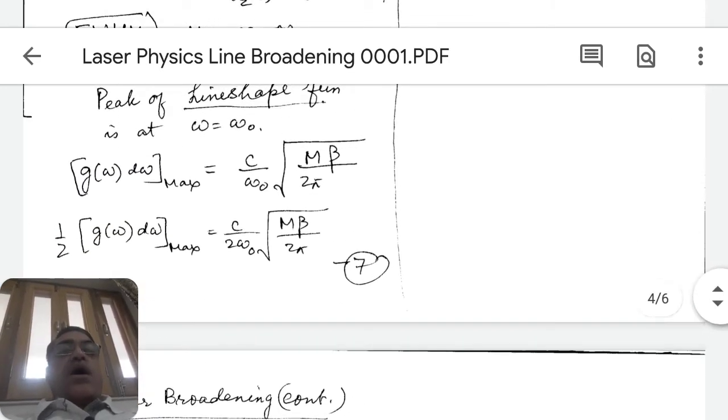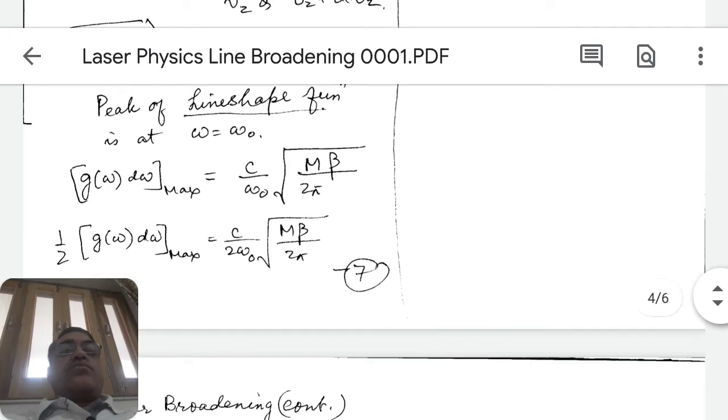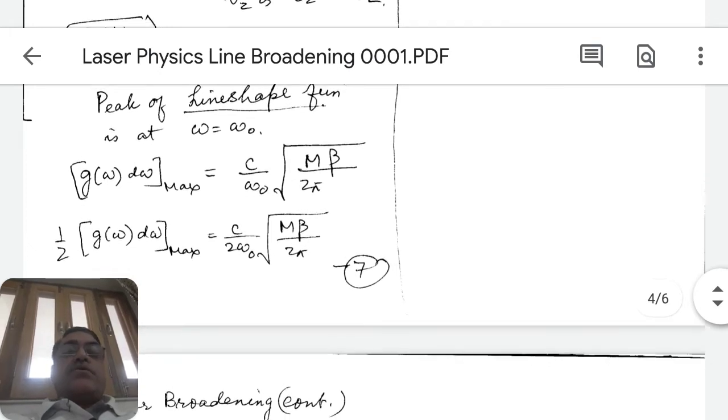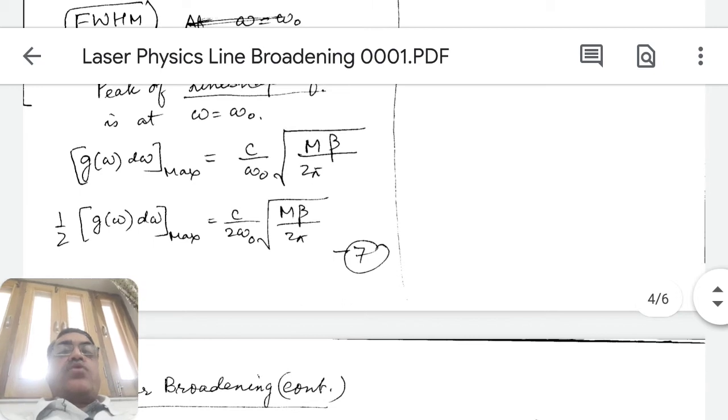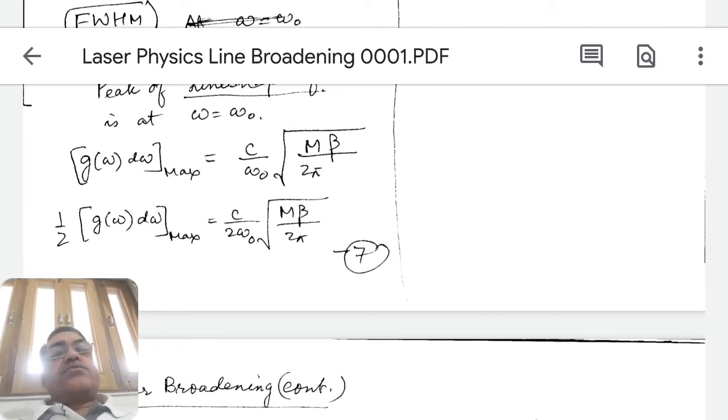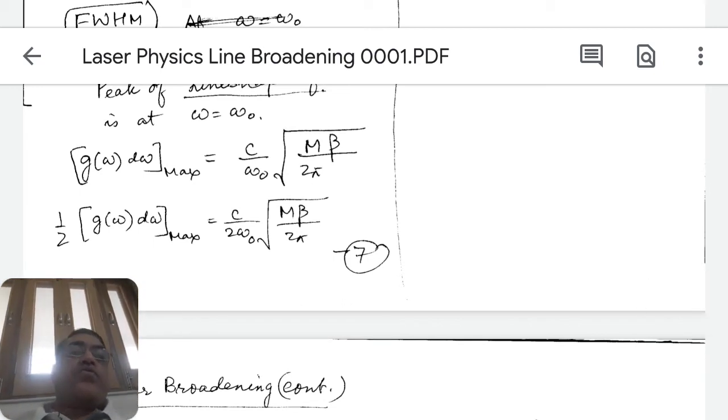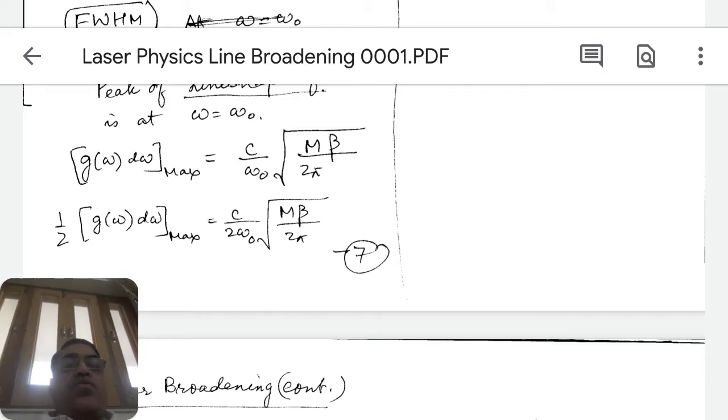So the half of this value gives the line shape. Half of g omega d omega max gives c by 2 omega naught under root of m beta by 2 pi.